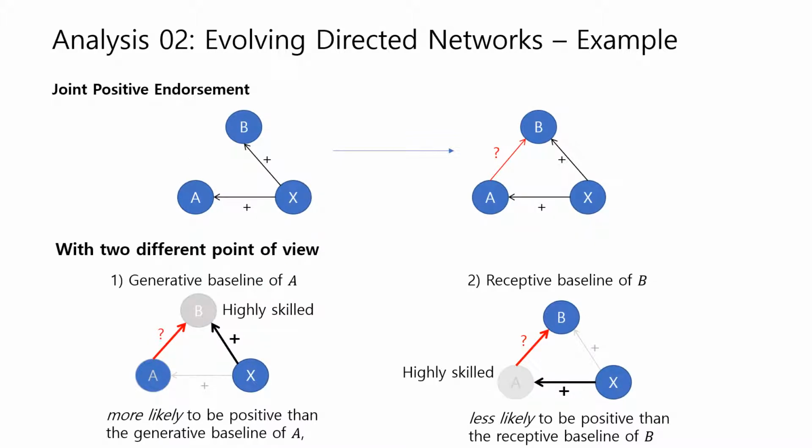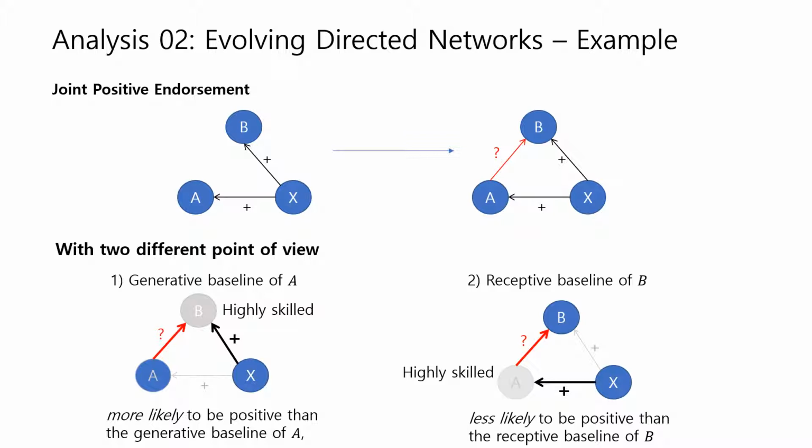With this notion and adding third node X, we can think of joint positive endorsement situation from two different points of view. First, from generator A's point of view, since B is already assessed as highly skilled player by X, A also expects B to be highly skilled player.